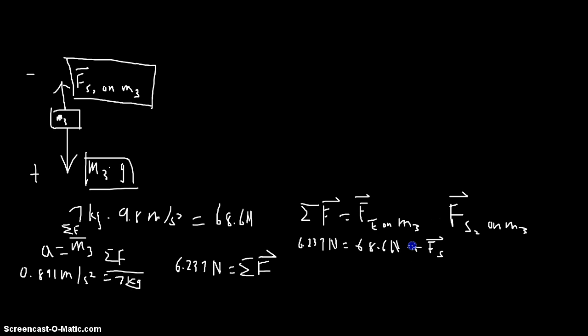And I'm just using this to get a positive force value because, well, tension, it would make more sense for it to be negative since it is a rope that's being pulled. So okay, F of S2 on M3.